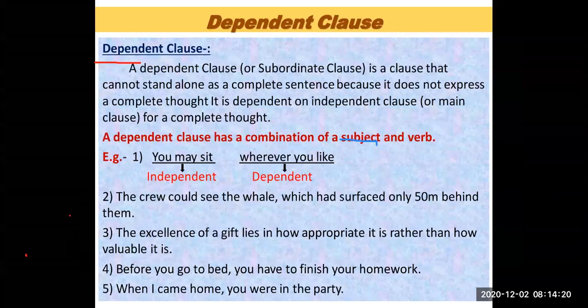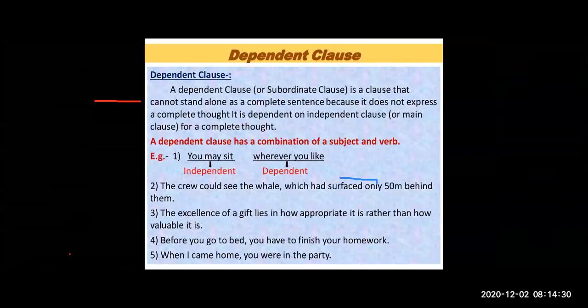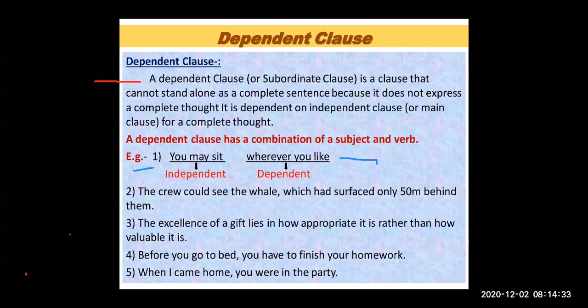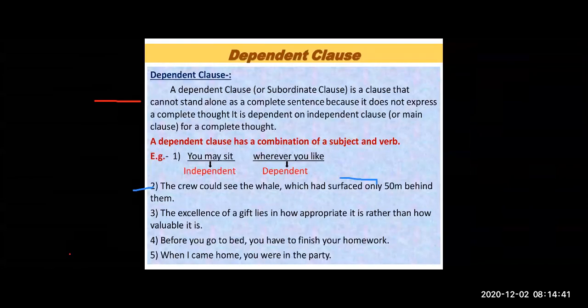But it is incomplete. But if we add the main clause, then the sentence becomes complete. When we add this sentence, you may sit wherever you like, then the sentence becomes a complete sentence and it has a complete thought, a complete meaning.